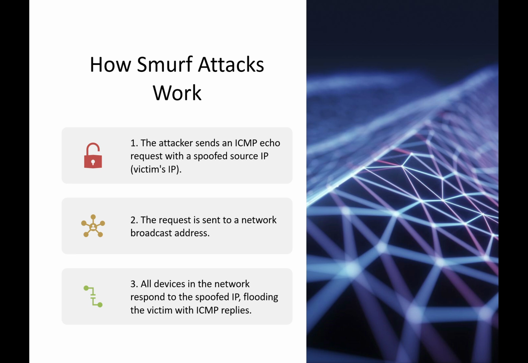All devices in the network receive this request and respond with ICMP echo replies, directing the replies to the spoofed IP, which is the victim's address. The result is an overwhelming flood of traffic to the victim, disrupting its ability to function. This type of attack is particularly effective because it uses the network devices as amplifiers.